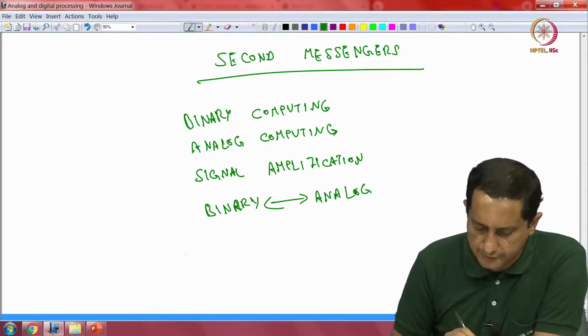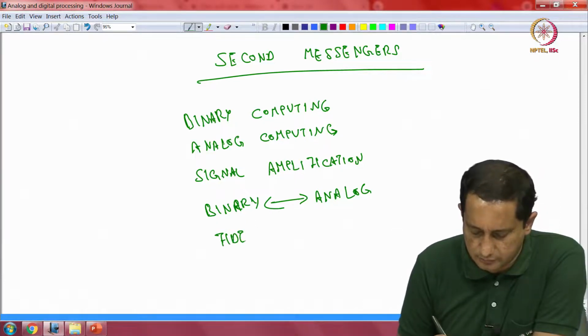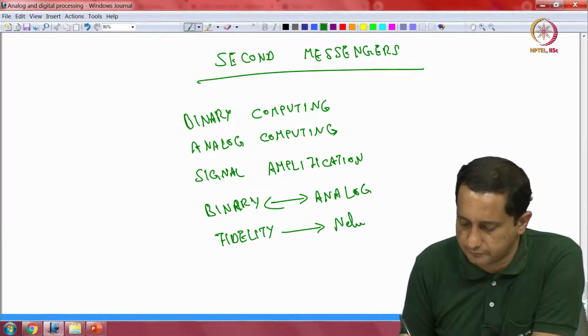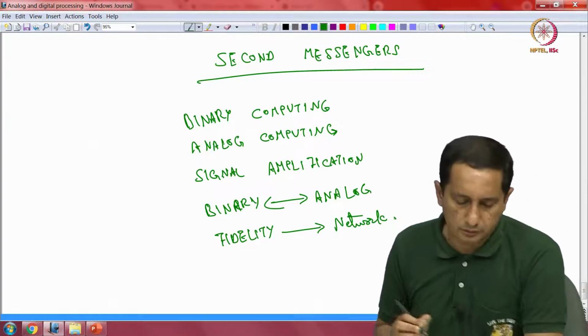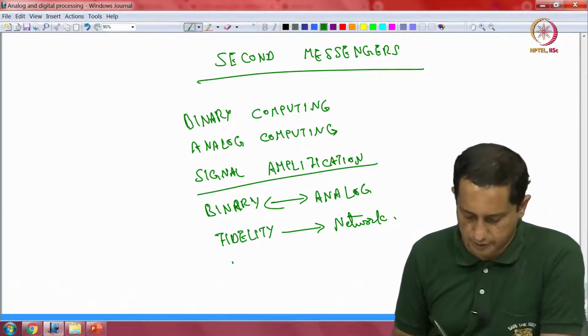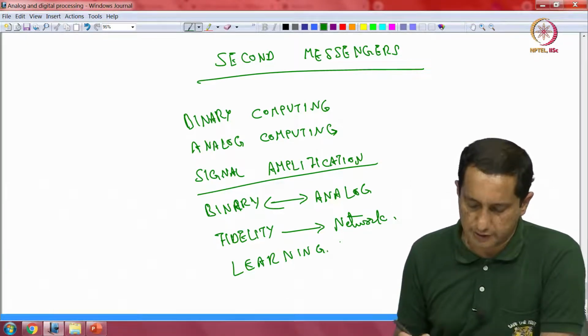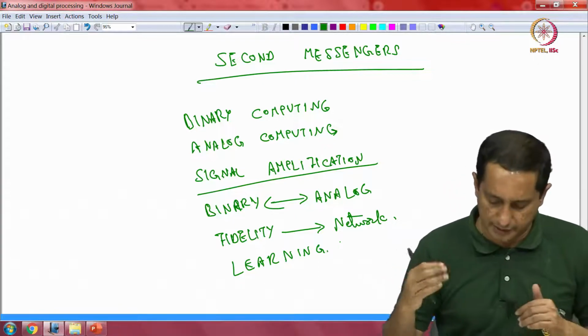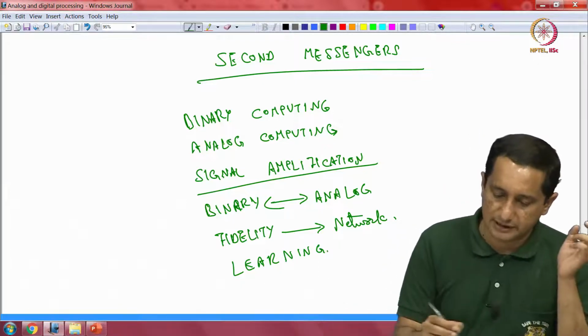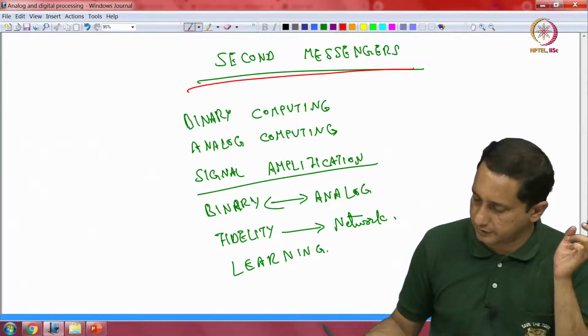And I also spoke in some fashion about fidelity of the signal, how fidelity is maintained across the network. Now, signal amplification is here. Now learning: I've started to explain a little bit of learning and how it occurs within biological systems.